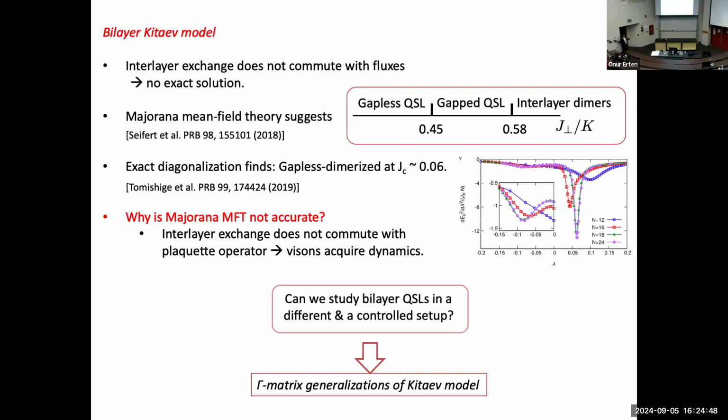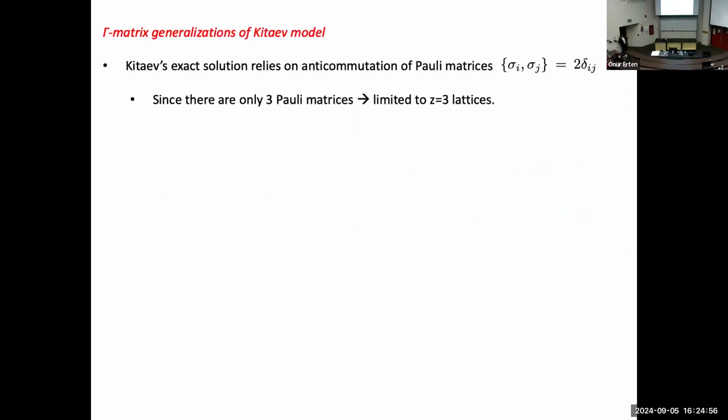So what is our strategy? We actually use a generalization of the Kitaev model. The Kitaev solution relies on the anti-commutation relations of the Pauli matrices. We have 3 Pauli matrices, therefore you can only write the Kitaev model for lattices that have coordination number 3.